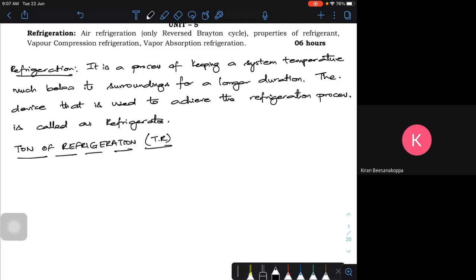They call this 906 kgs a short ton. So it is the amount of heat removed from 1 short ton, which is 906 kgs of water at 0 degrees Celsius, to ice at 0 degrees Celsius in a period of 24 hours.